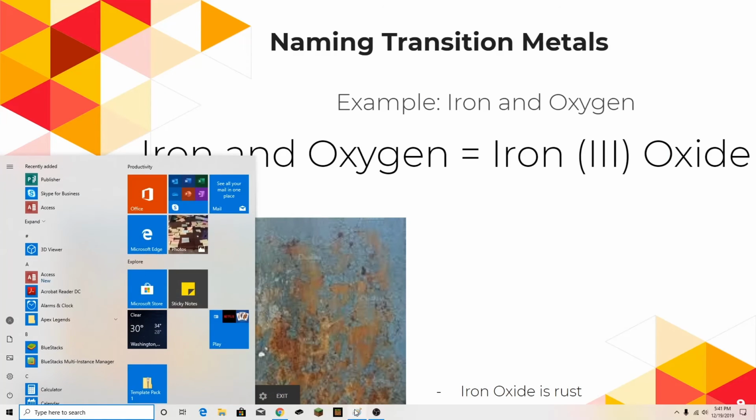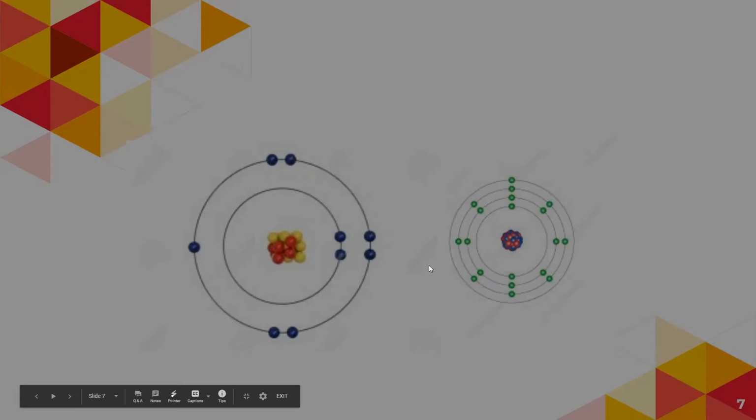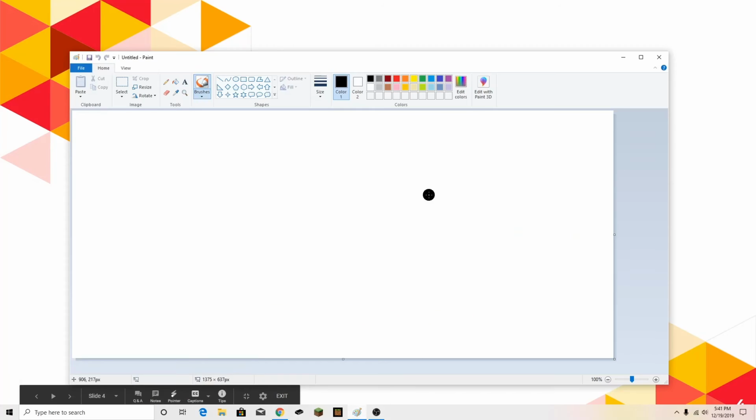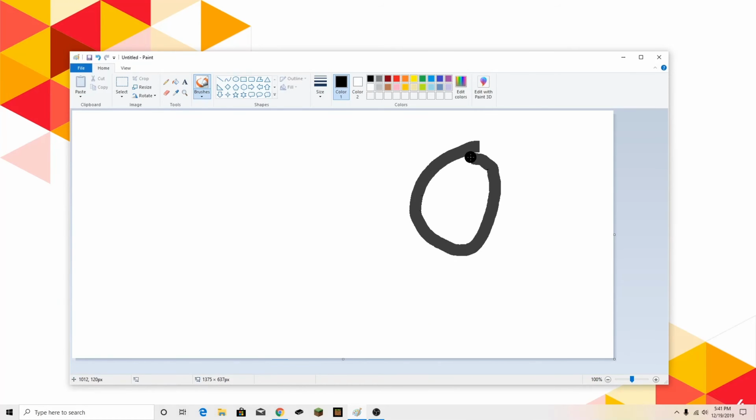We will have oxygen. If we see on the periodic table, oxygen has 6 valence electrons, and it wants to gain 2 to become 8. So it would be a -6. I mean -2. And then we need to figure out the iron.